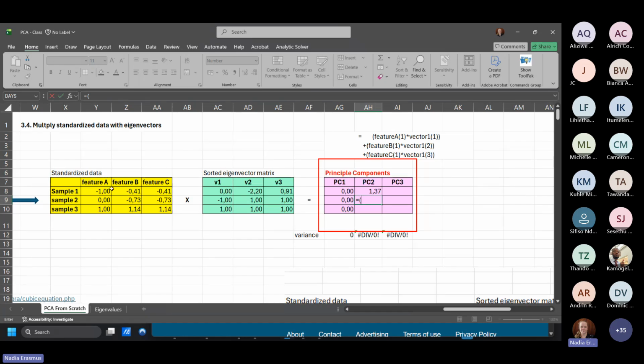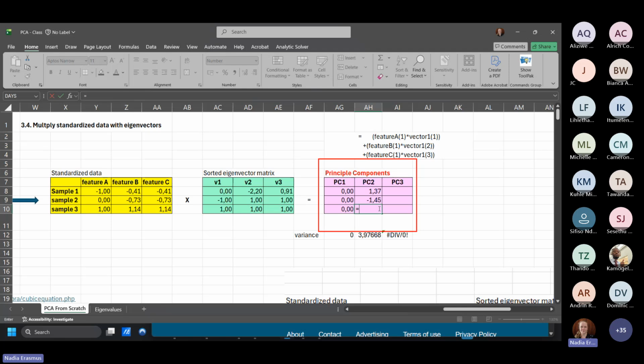So now we have the second sample multiplied by this vector, and we're busy with vector 2. So it is the exact same formula as for the first one. It's just that we're using vector 2 now. So it is feature B multiplied by the second value in vector 2 plus feature C multiplied by the third value in vector 2.